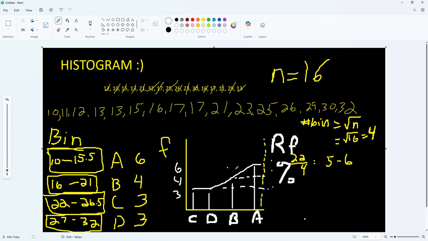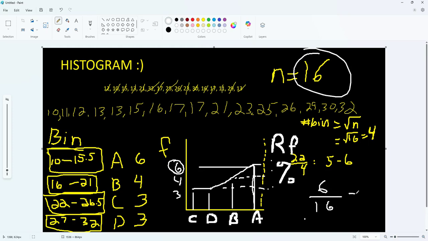Okay. Remember, your relative frequency is the frequency, like this is the relative frequency of A, right? Relative frequency, but divided by N, which is the number of things, right? So 6 divided by 16, let's see, divided by 2 is 3/8. So 3/8 is like, let's see, 1/8 is, what's 3/8 in percentage? I forget. 0.125 times 3. So let me pause this and do a calculator real quick.